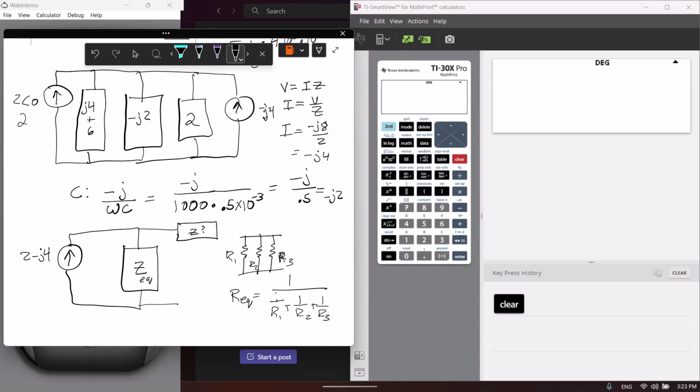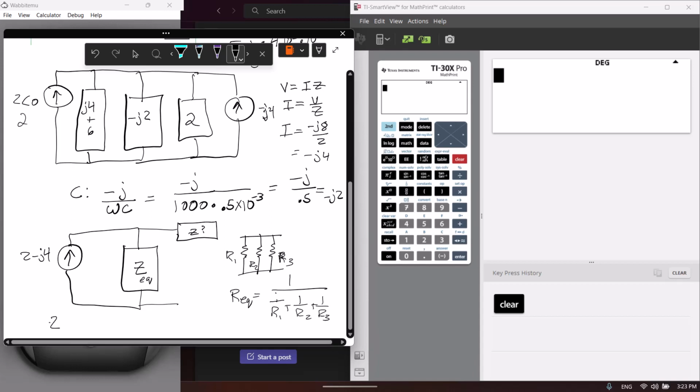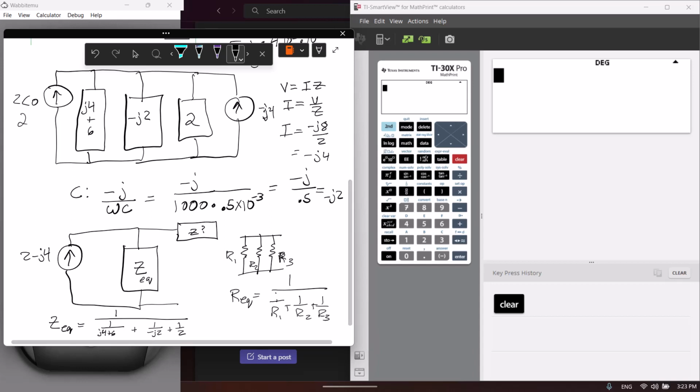And I can do the same thing with my impedances. So I can say my equivalent impedance is 1 over 1 over J4 plus 6 plus 1 over minus J2 plus 1 over 2.